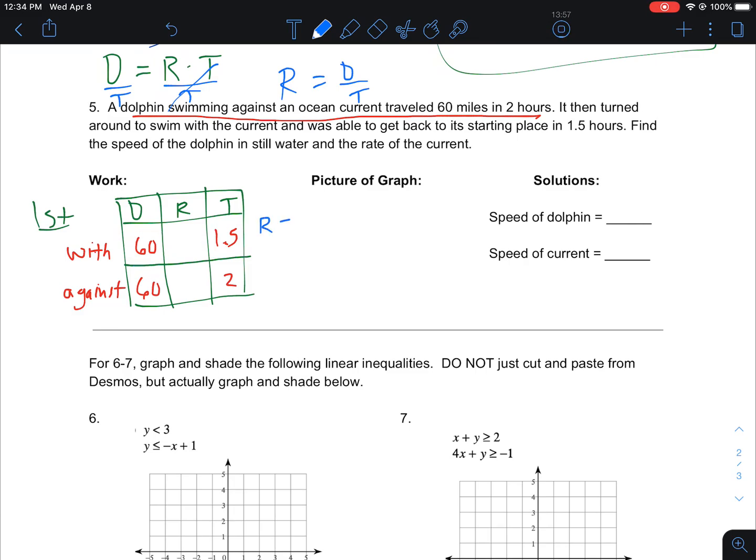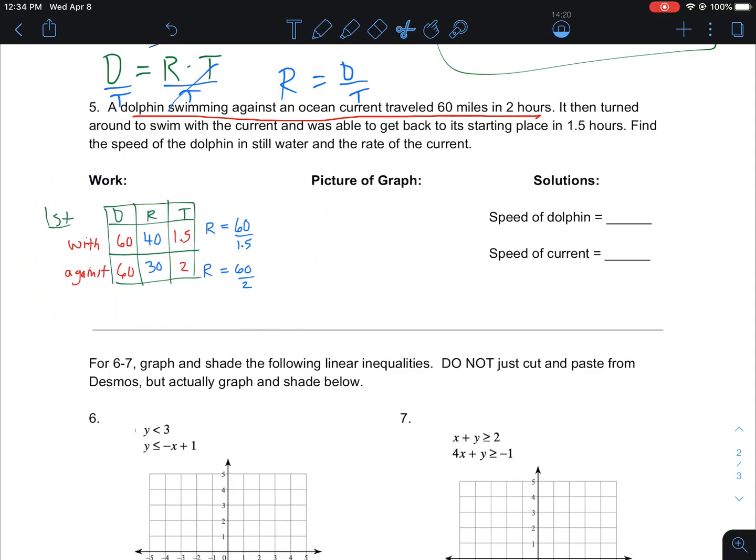So R in this case is 60 divided by 1.5. That number comes out to 40. And then in this case, the rate, what's 60 divided by 2? That is 30. So you're not exactly done yet, but that is the first step.